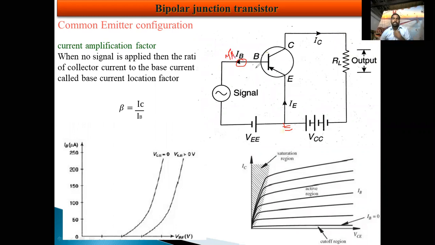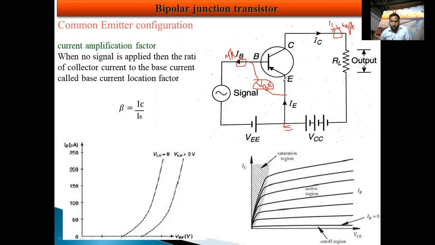Now we have to measure the input voltage, here, this is the VBE. And here we have to take a milliammeter, measuring the IC value.